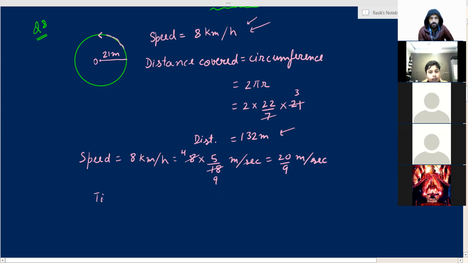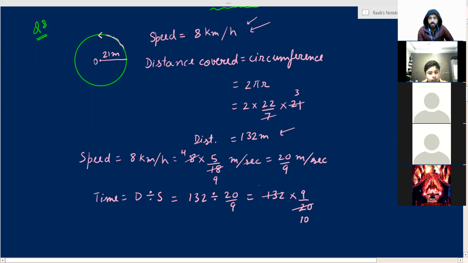See, first we will write the formula of time. Time is equal to distance upon speed. So what is the distance here? 132 divided by 20 upon 9. That is 132 multiplied by 9 upon 20. Divide by 2 only, not by 4.